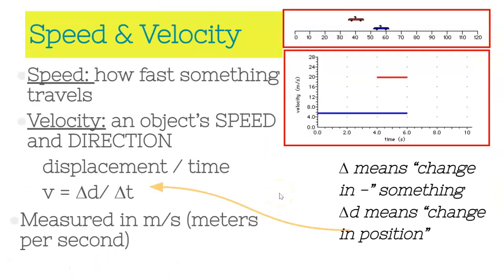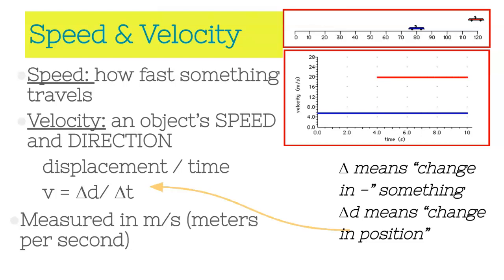So now let's talk about speed and velocity. Speed is how fast something is traveling. So a lot of times when we think about speed, we think about the speed of a car, maybe an airplane or a train, something that's traveling. Velocity is an object's speed and direction. Okay, so when we measure velocity, it is the displacement over time.